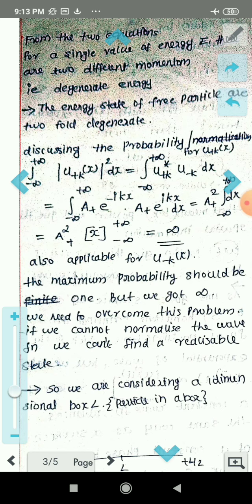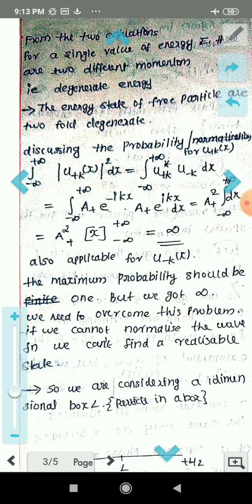If we cannot normalize the wave function, then we cannot find a realizable state for that system. So we need to overcome this problem, that our wave function is not appropriate.